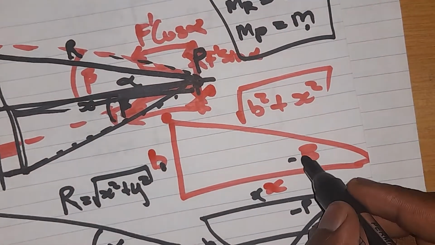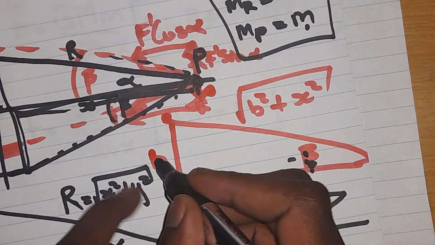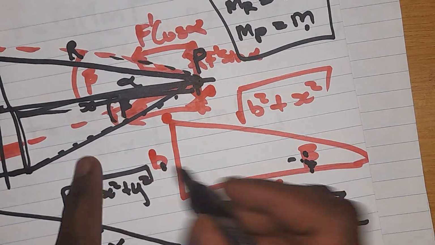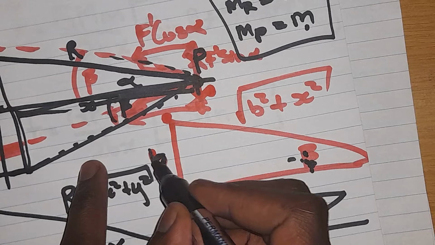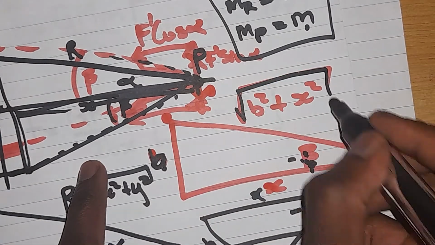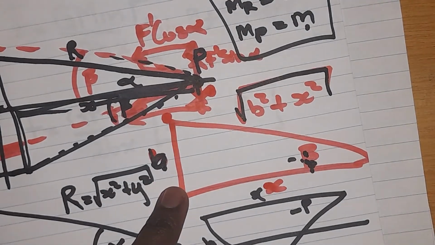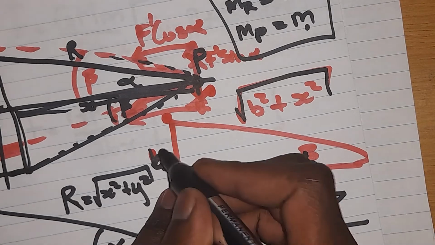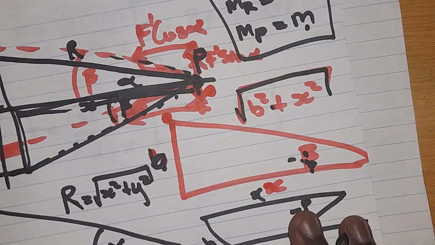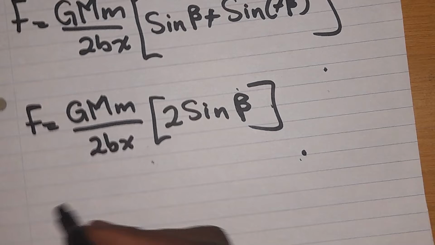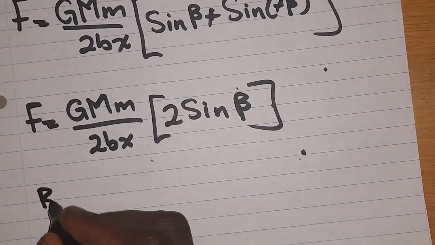If we go back to our diagram again, we have sine of beta. Sine of beta is b all over this much, so this one over this one is sine of beta. So we come and substitute it here.